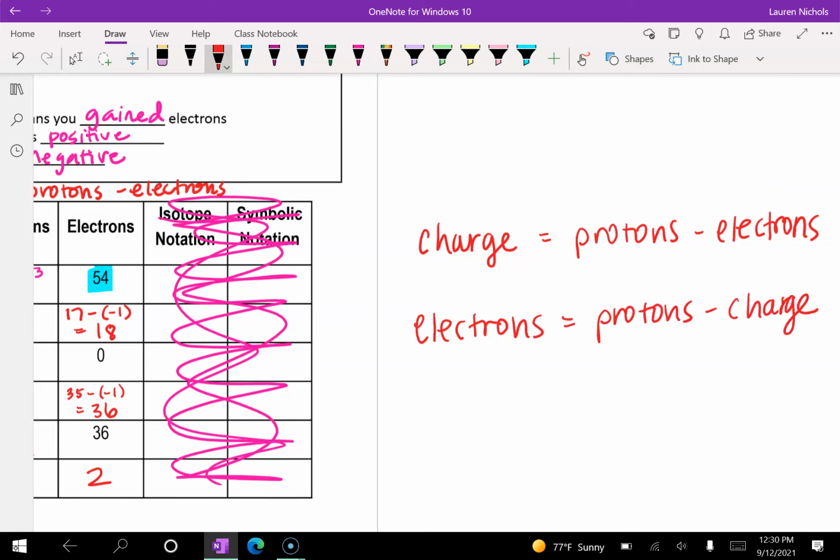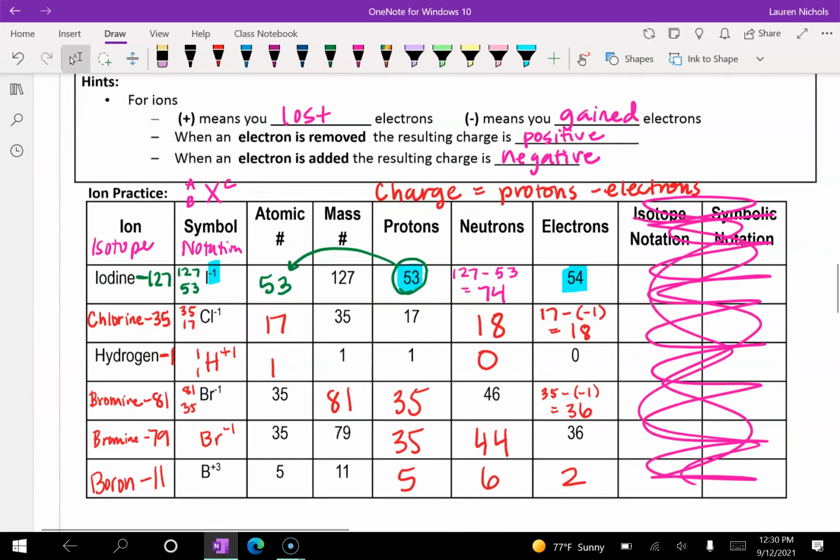And just be careful when you have a negative charge, because remember, if you have 35 protons and a -1 charge, when you subtract a -1, subtracting a negative becomes positive and you get 36. So remember, if you have a negative number, you should have more electrons than you do protons. So again, check your work here, and you have additional practice that you'll be able to use to get better at this.